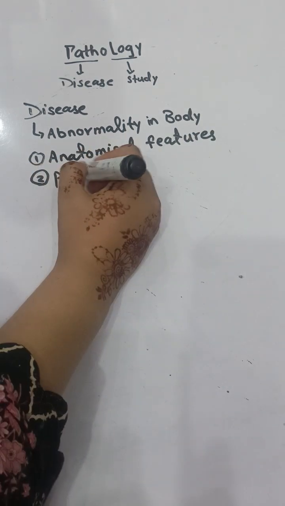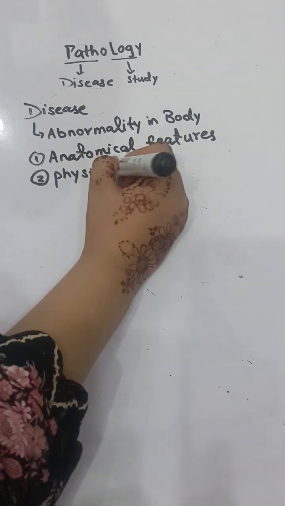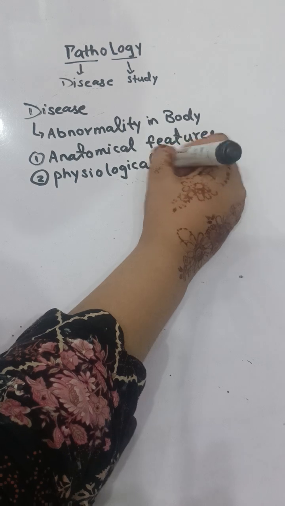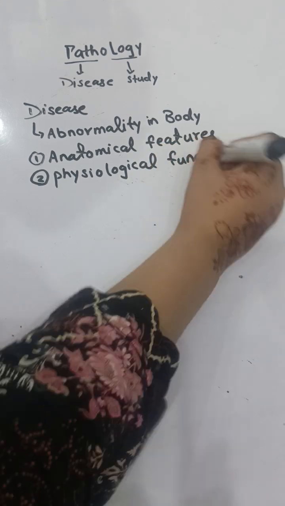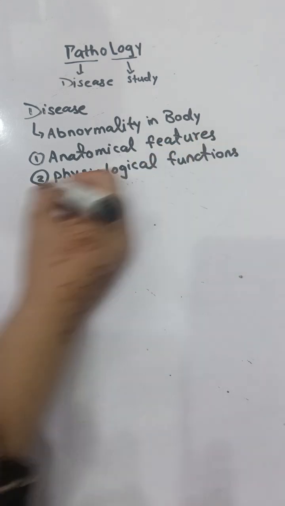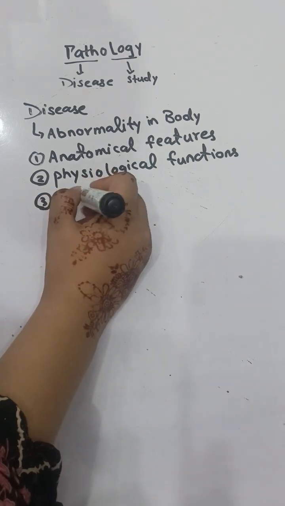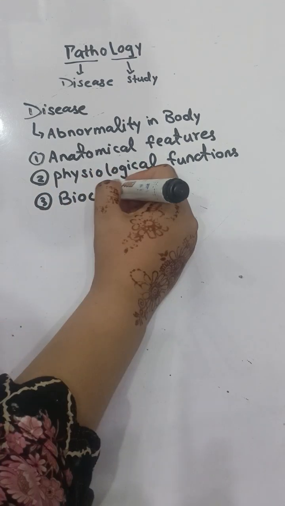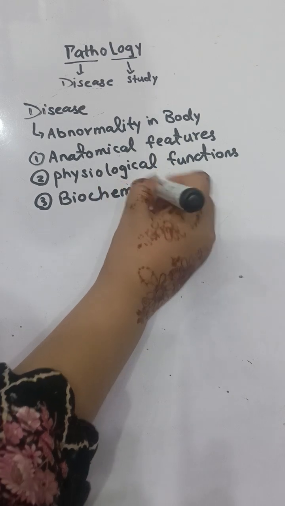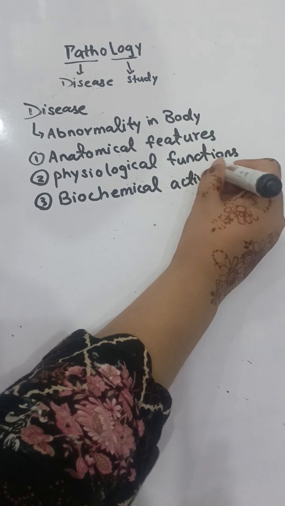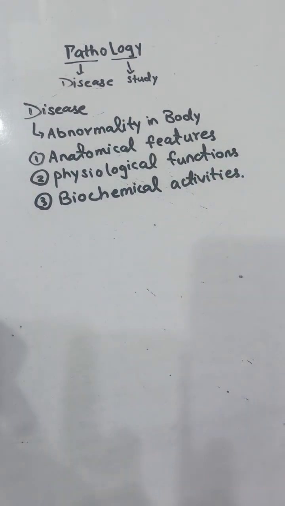Your normal body physiology will change because of that disease causing agent. And the third thing that will change after a disease is the biochemical activities. All the biochemical activities that occur inside your body will change. Why and how do they change?